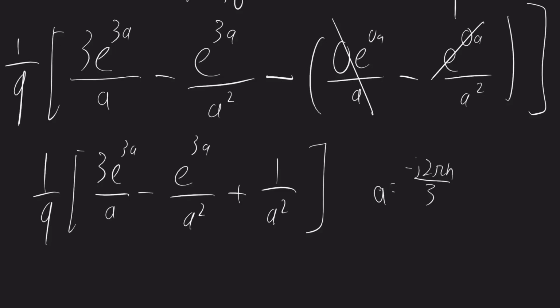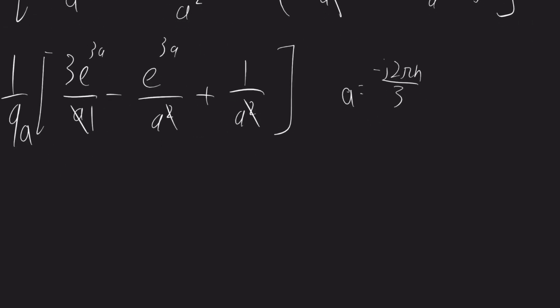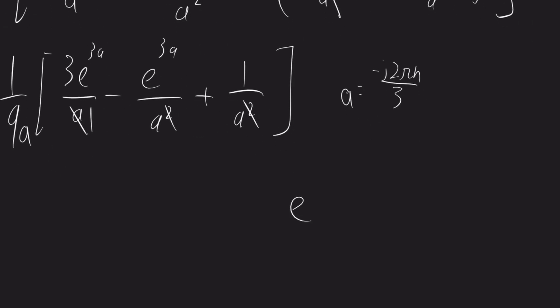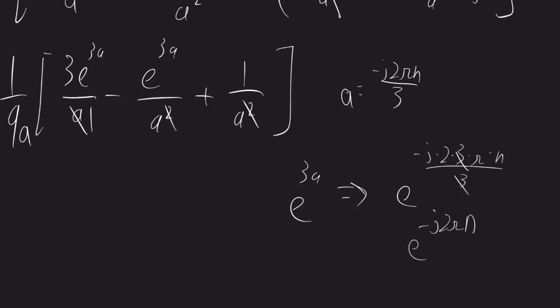This can be simplified in a few ways. First, we can factor out an a. Next, we can see that e to the 3a will be e to the negative j times 2 times 3 times pi times n over 3. These 3's will cancel. We'll have e to the negative j times 2 pi n.